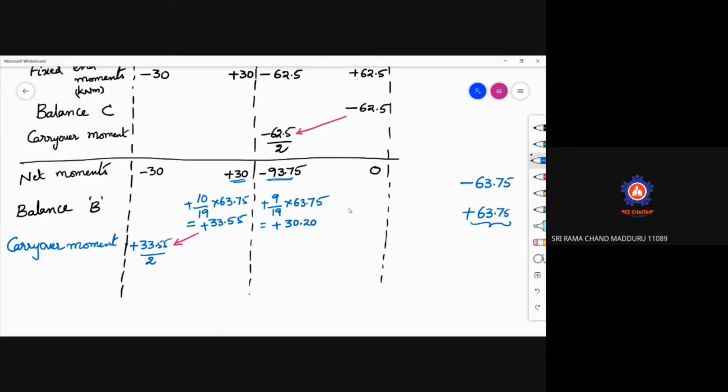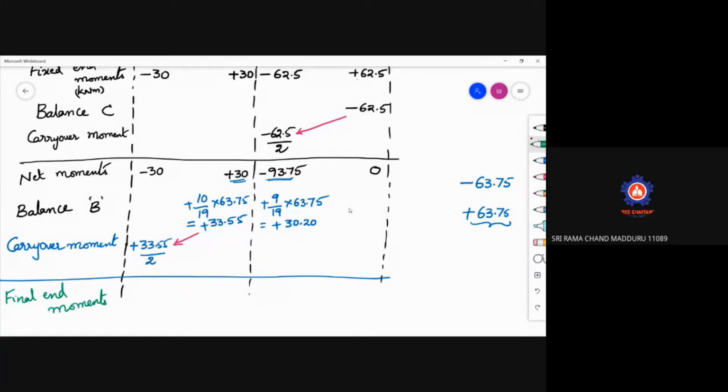Now there is no need to balance anything further, and you can write down the final end moments. To write these final end moments, this is minus 30. You should not go beyond the net moments; we have already calculated the values.